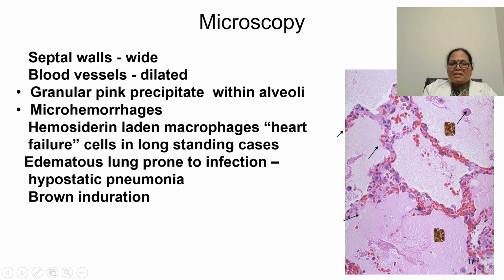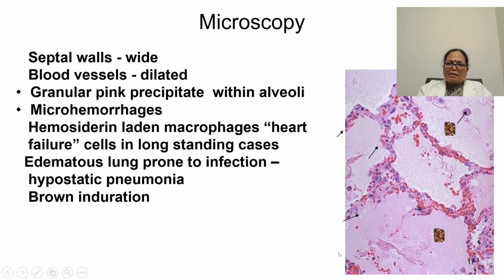And hemosiderin. The macrophages are the scavenger cells in the body. Neutrophils are the soldier cells. So the macrophages, wherever there is some hemosiderin or some debris, they come and eat it. So you find macrophages which are hemosiderin laden, they are known as heart failure cells.